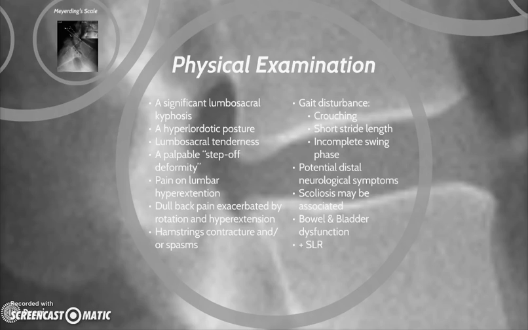There may also be the potential for distal neurological symptoms depending on the level of the spondylolisthesis. There may be an associated scoliosis as well as bowel and bladder dysfunction. Patients may also have a positive straight leg raise test.